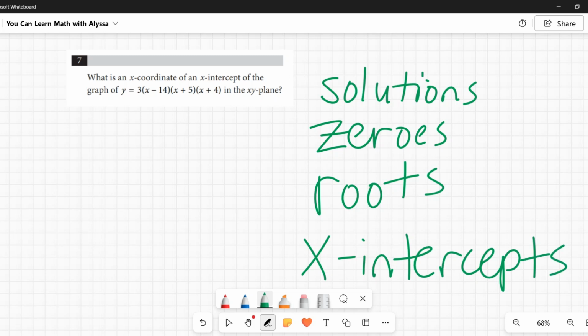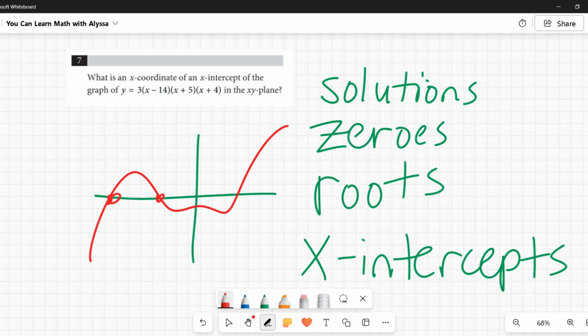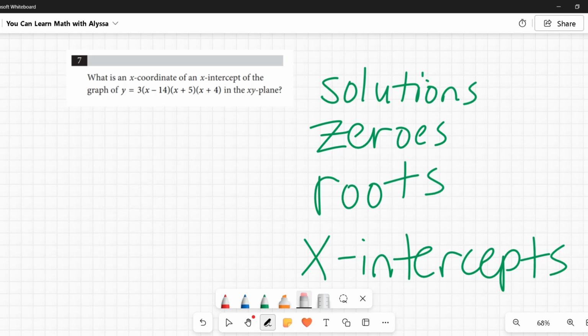They are all the same, and the SAT uses all 4 terms, depending on what the problem is. Know that they mean the same thing. So it just means whatever the quadratic is, it's the spots where it crosses the x-axis. Those are the solutions. So it's going to be where the y value is 0.